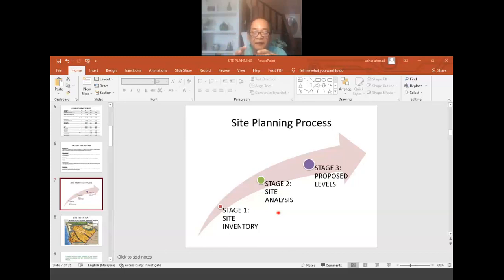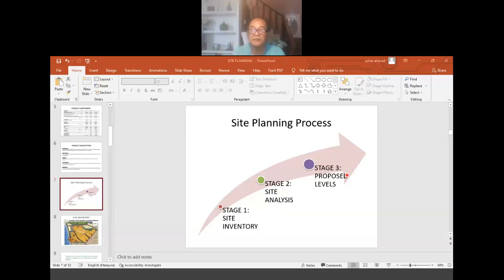But the second stage of my lecture will focus on the evaluation, or the actual process of cut and fill, and how to evaluate the volume of cut and the volume of fill based on the proposed levels that you are going to come up with within the first 3 to 4 weeks.